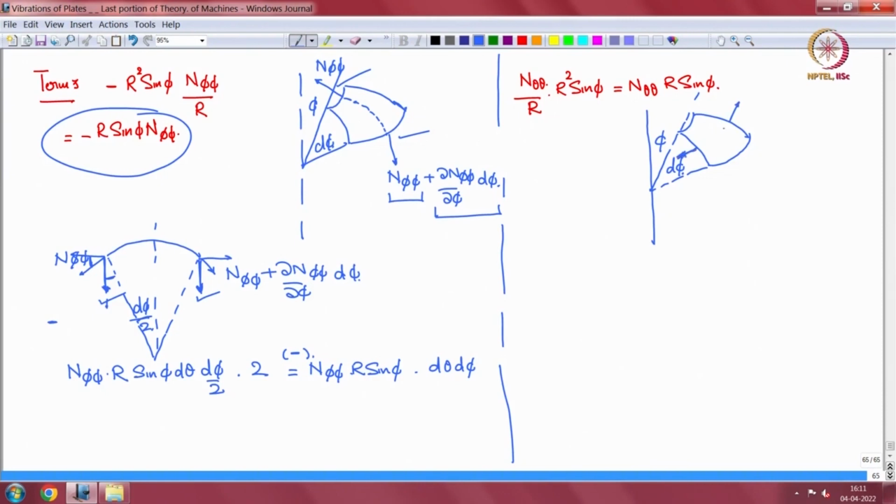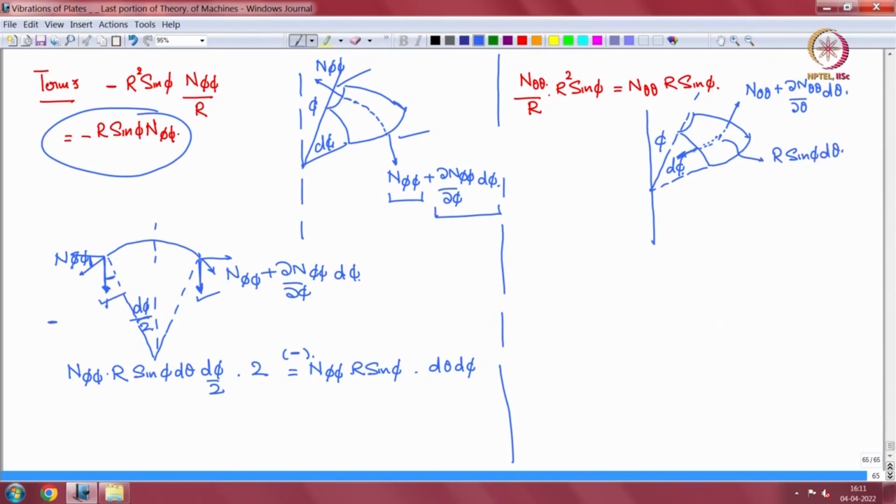Okay, and this length. This is N theta theta plus del N theta theta by del theta d theta. And this length we saw last time is approximately r sin phi d theta.